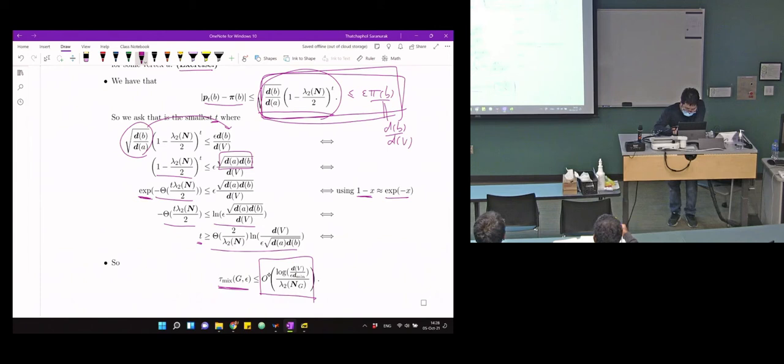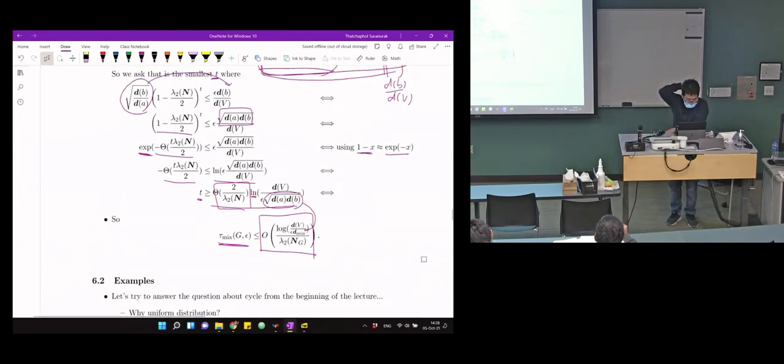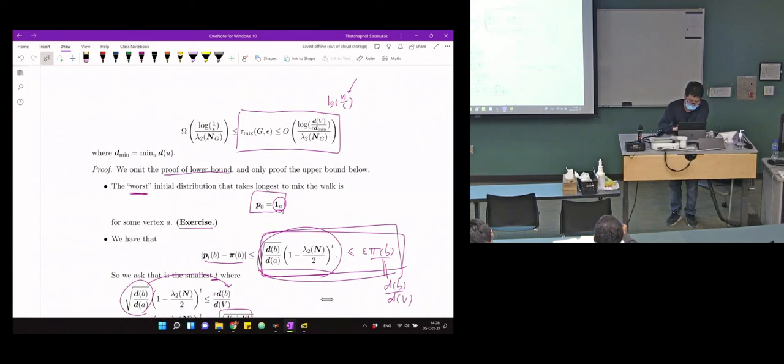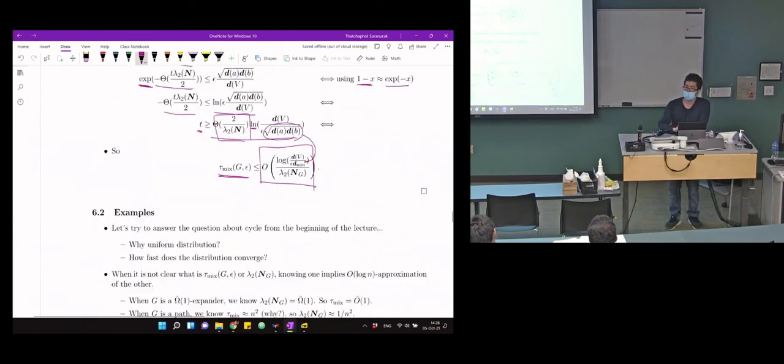You have this term, and this term is just inside the log, and this is no worse than d min. So it doesn't matter much about the calculation. The point is really that mixing time is just 1 over lambda 2. That's the point that we need to keep in mind.